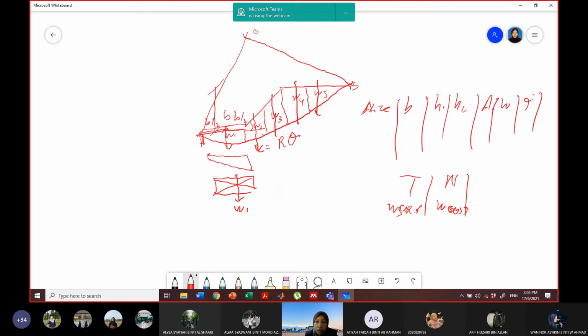And then when you know the locations of the W, you can calculate the area of the slice by using the formula of the trapezoidal. It's a half times B times H1 plus H2. So if this first slice has this formula, this formula is applicable and can be used for all the slices involved here.